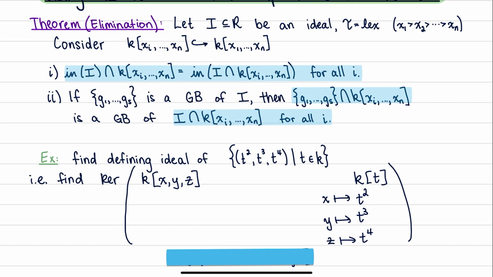Well, because we're going to use elimination by taking a detour here.